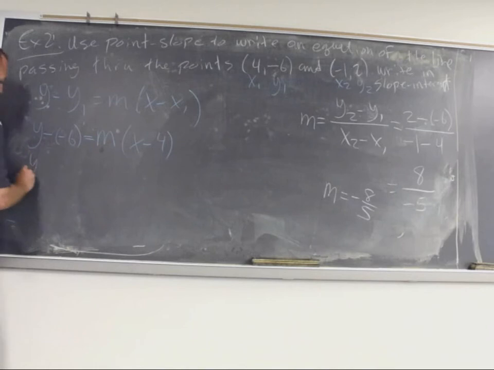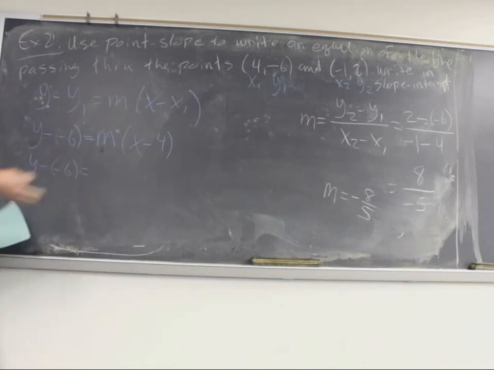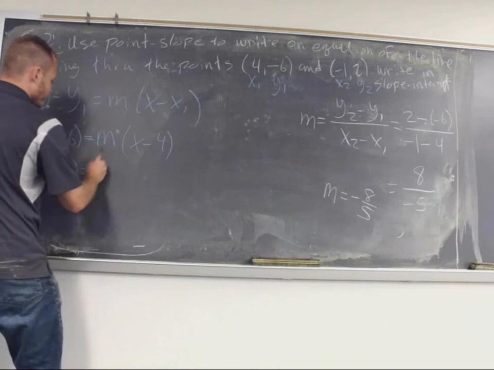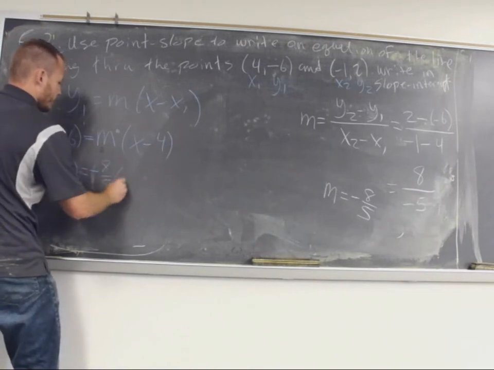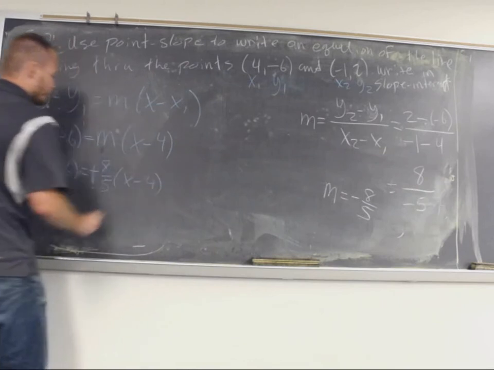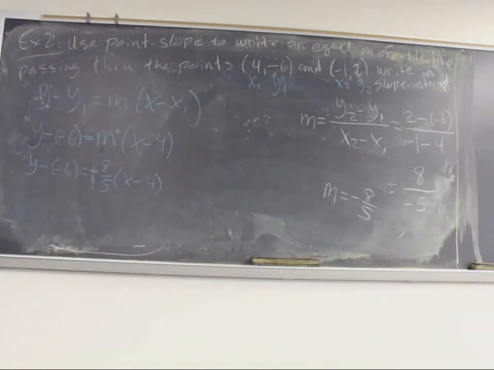So here we get y minus a -6, and you could go ahead and simplify this, but I'm just going to keep it like this just so it follows in your notes a lot easier, but just know you can go ahead and make that a positive. So this is negative 8/5 x minus 4. All right, now let's do some simplifying.